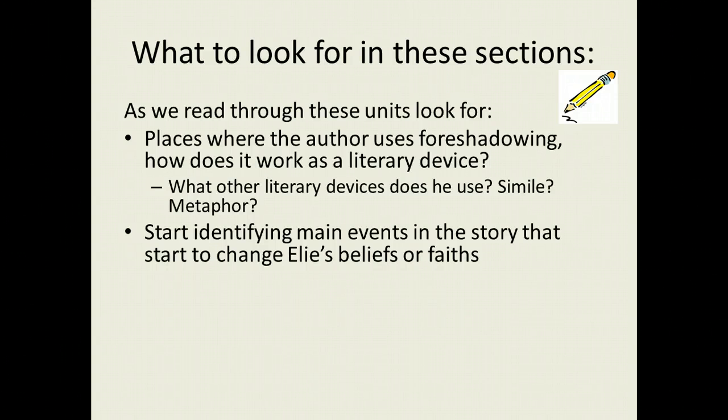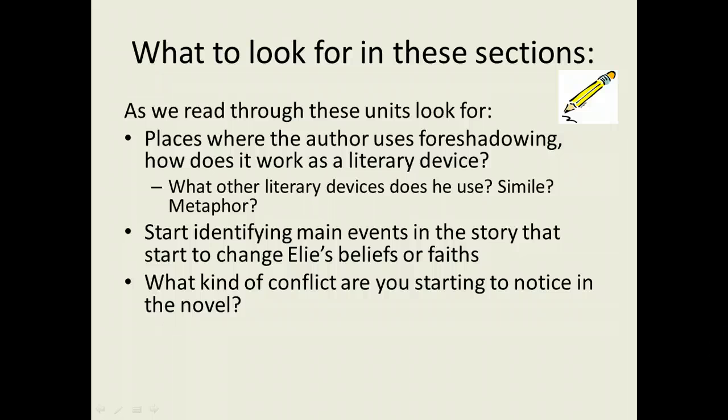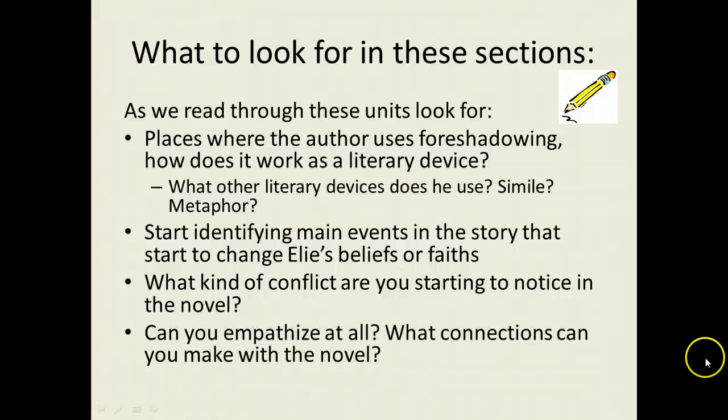Also start identifying some of the main events in the story that start to change his belief or his faith. And then what kind of conflict are you starting to notice within the novel? Is there internal conflict, external conflict, man versus nature, man versus society, all of those kinds of good pieces that we've talked about in the past.